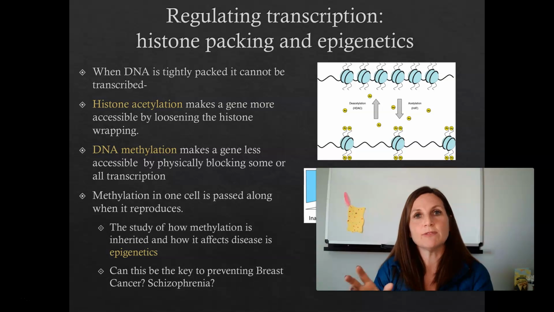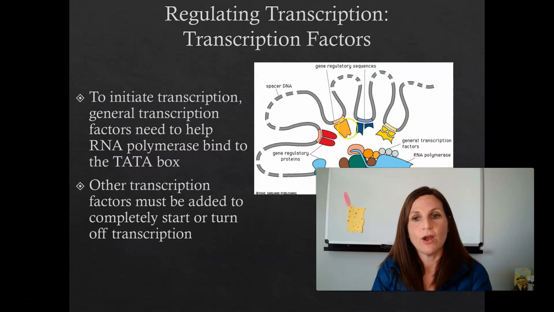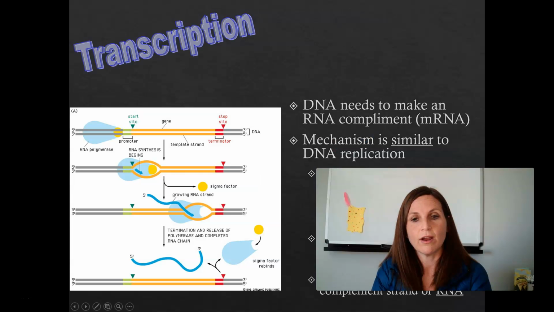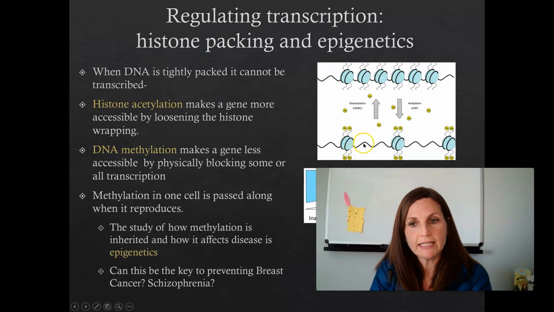So when it's time to transcribe a gene, before we can get the RNA polymerase at the promoter, before we can start to make this template of mRNA, we need to loosen the DNA. We need to spread the DNA strands out so that the RNA polymerase can come in and have access to them.